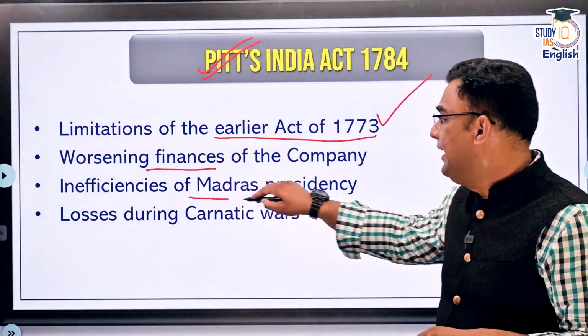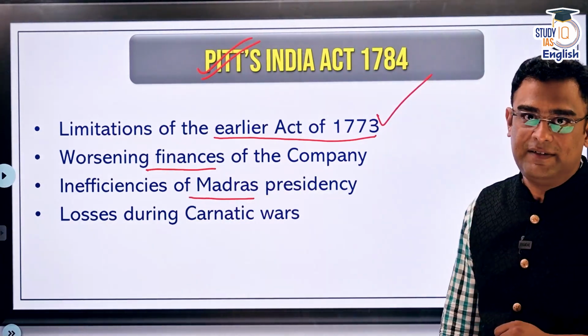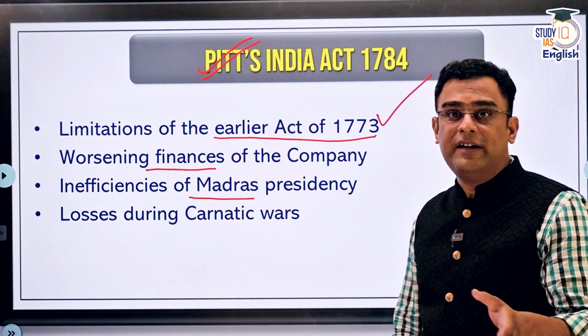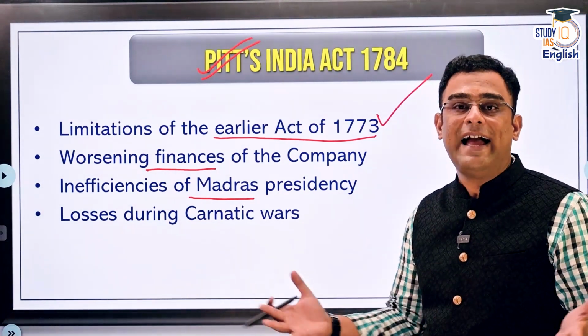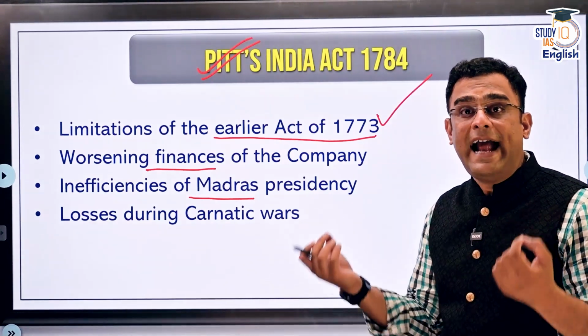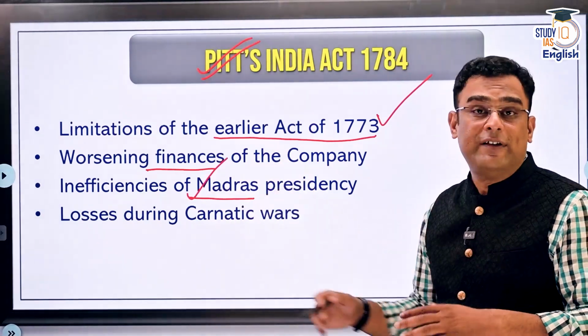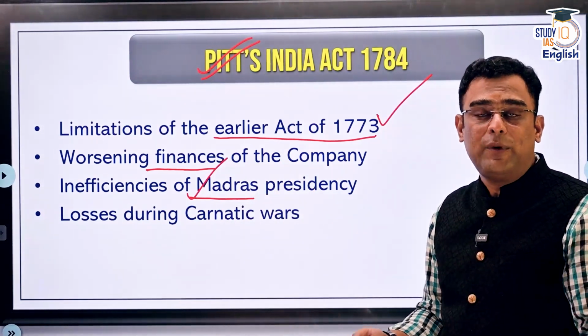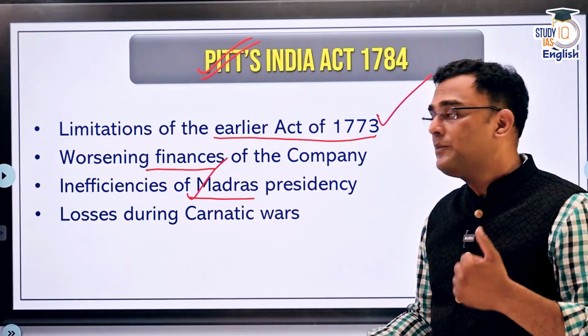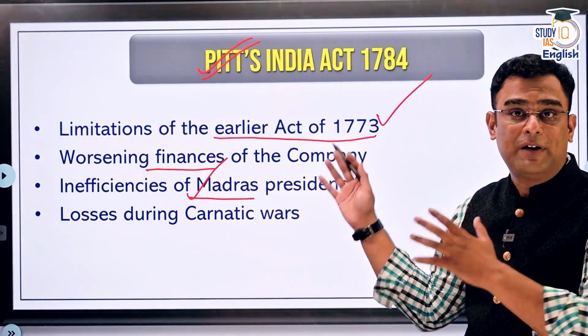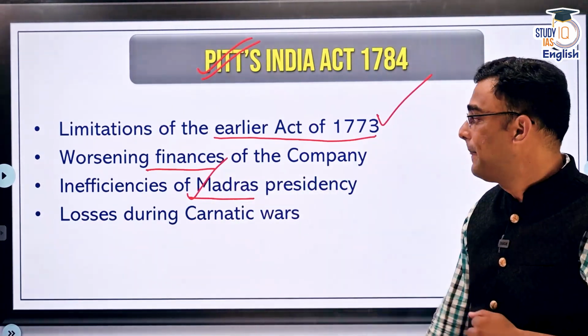Third, the inefficiency of Madras Presidency. As I mentioned earlier, these 3 presidencies were virtually acting independently earlier, and they were waging wars on their own. Madras was in conflict with Tipu Sultan at that point of time, Hyder Ali and his son Tipu Sultan. And because of those wars, Madras was financially bleeding.